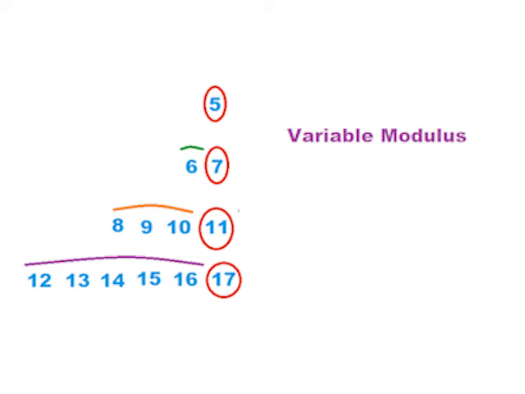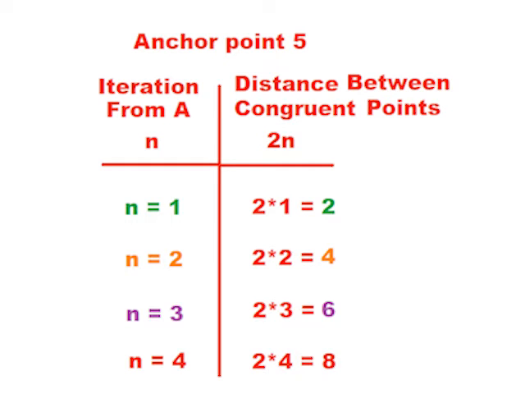Here, we're choosing the length of this gap to be determined by 2n, where n is the number of iterations until the next point congruent to the anchor point is reached. This is a gap that is constantly increasing. This chart shows that the first gap has length 2, the second length 4, and so on.